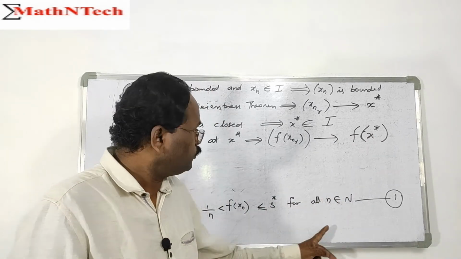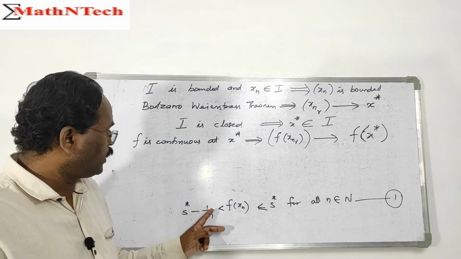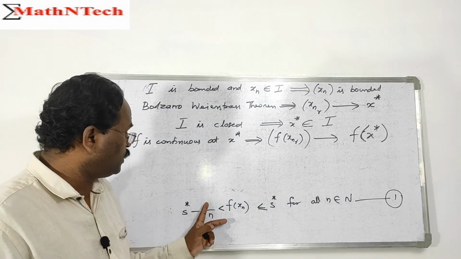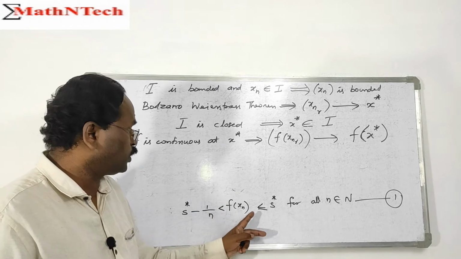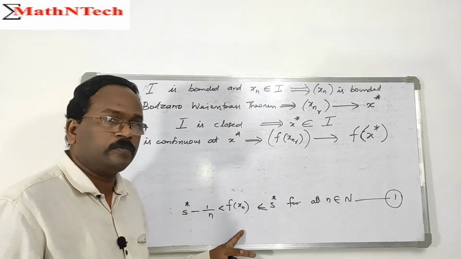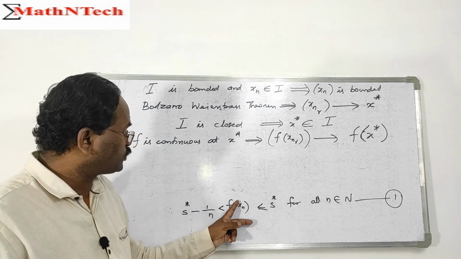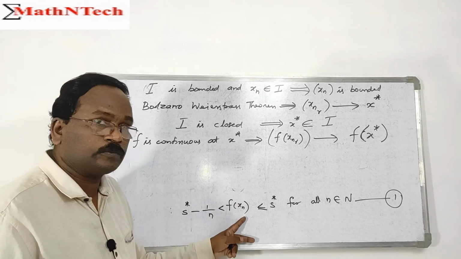Now, from equation 1, what is equation 1? S star minus 1 by n less than f of xn less than or equal to S star for all n element N. Replace xn with xnr.